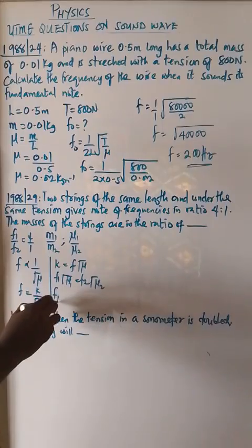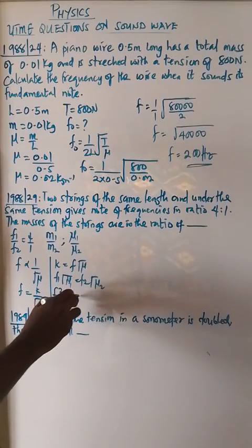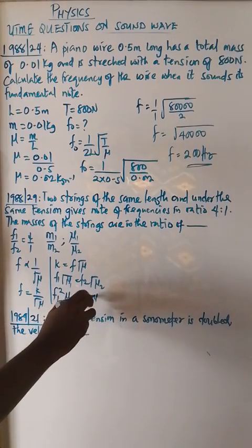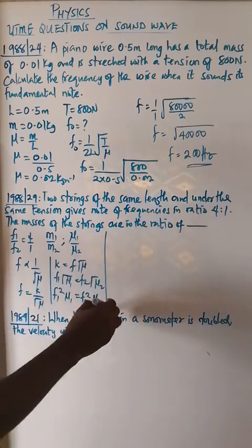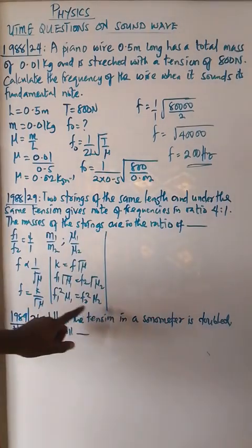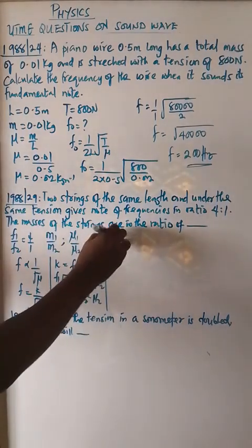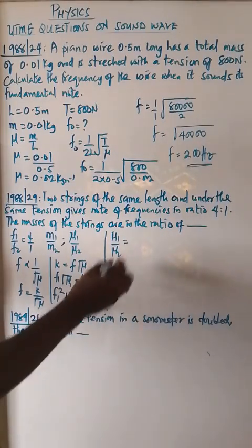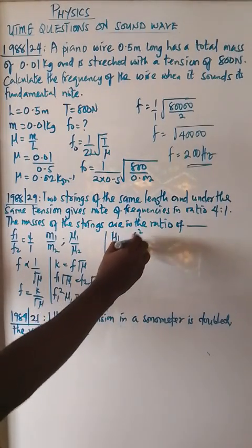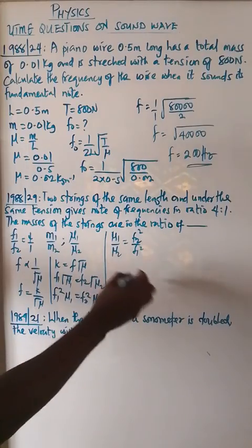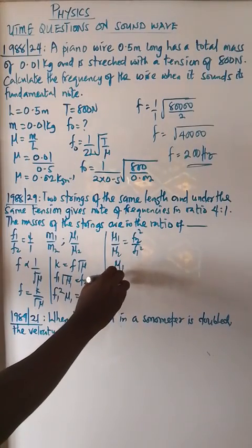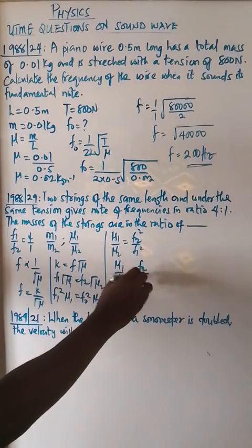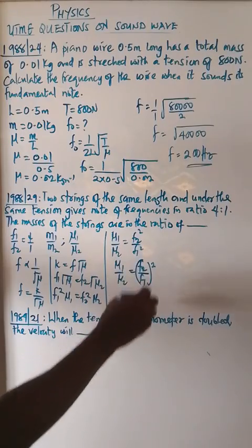We have F1 squared mu1 equals F2 squared mu2. So mu1 over mu2 becomes F2 squared over F1 squared. In short, mu1 over mu2 equals F2 divided by F1, all squared.